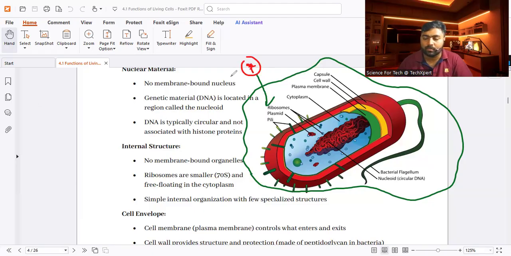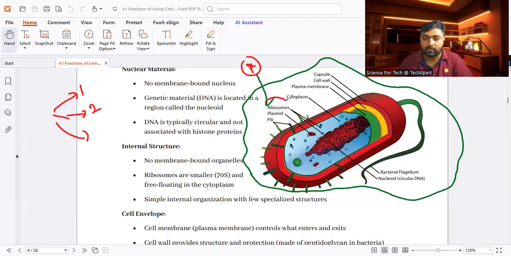Remember I told you there are three kinds of organelles: those with one membrane, those with two, and the last one which doesn't have any membrane. Ribosome doesn't have membranes.